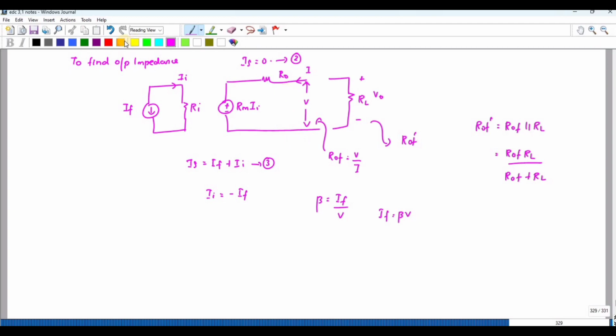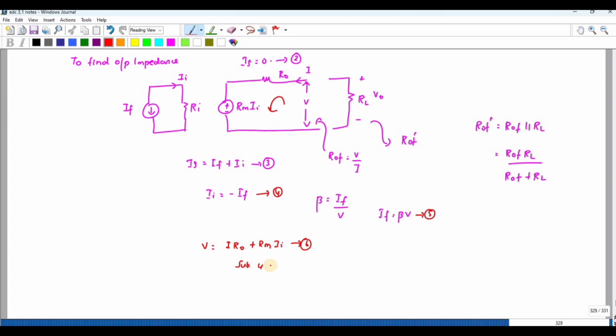So consider applying the mesh analysis at the output side. V is equal to I into R naught plus Rm into Ia. So this is your fourth equation, and this is your fifth equation, and this is your sixth equation. So you substitute 4 in 6.